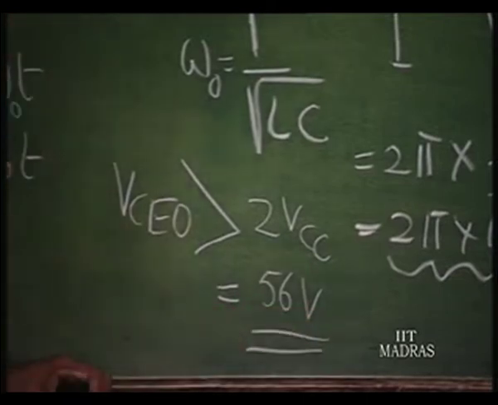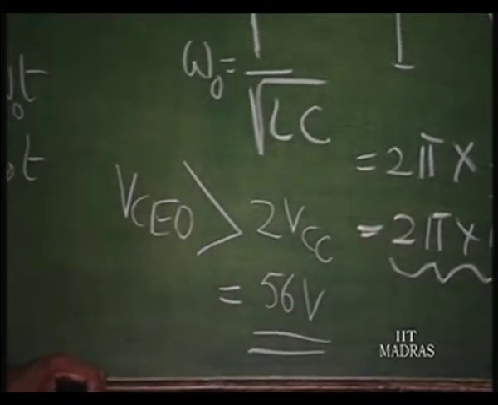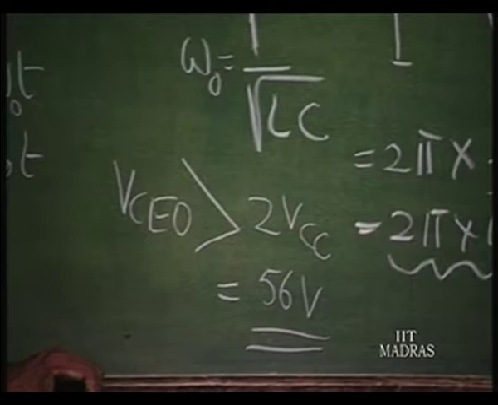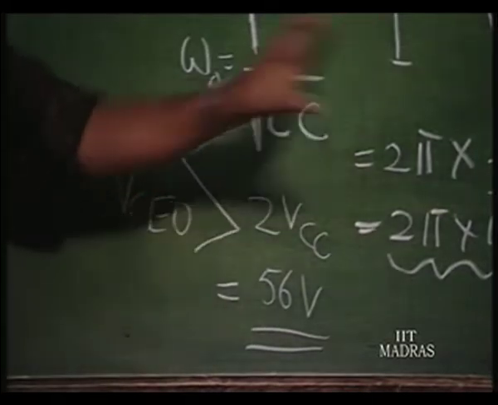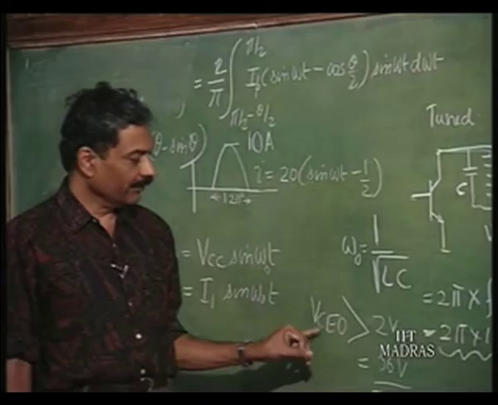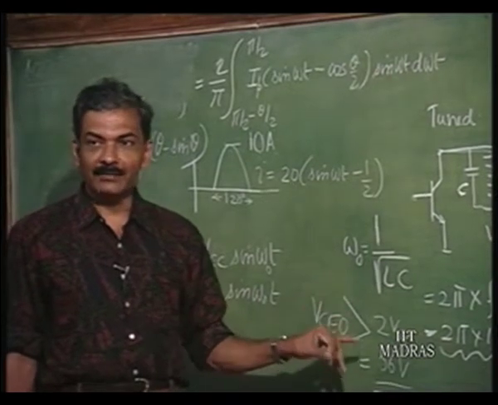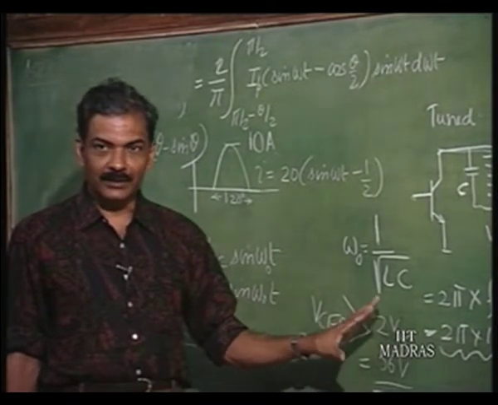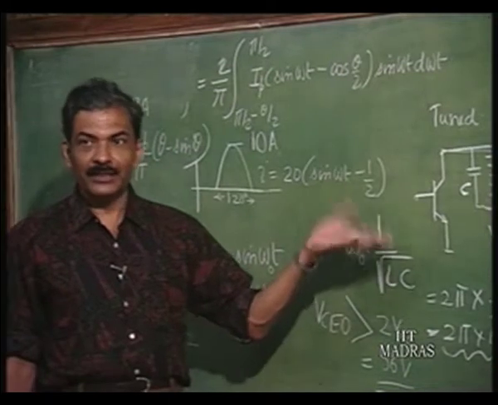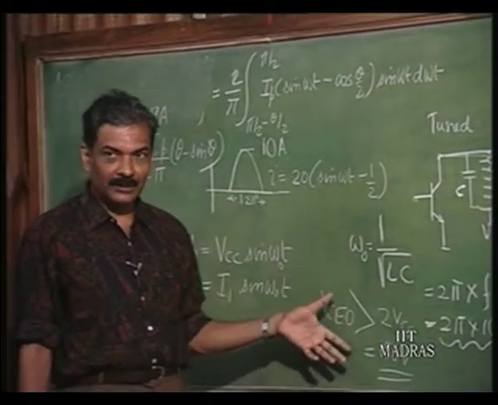This is what is to be remembered. It should be greater than 56 volts. So, apart from the power requirement of the transistor, the VCEO rating and IC max rating are the ratings for the transistor. Here we have used a given transistor for this particular application.